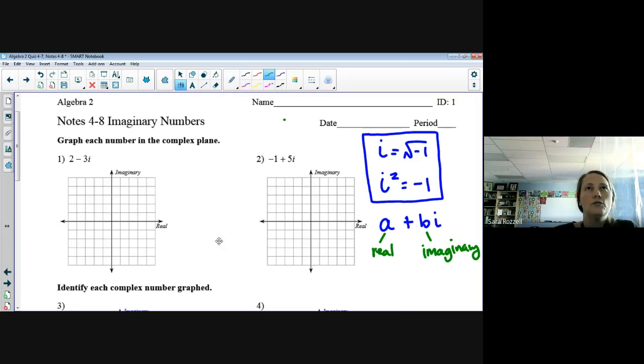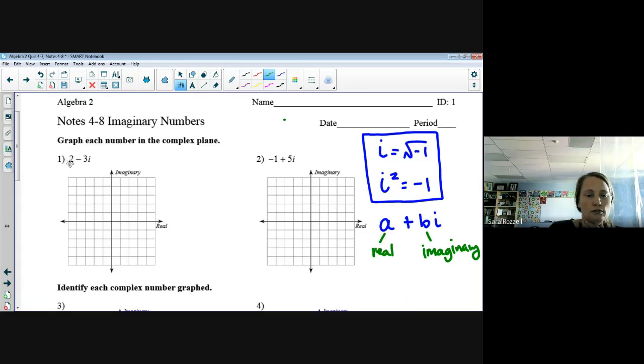All right, so on your complex plane, complex numbers are just ways to say a number that has an imaginary number with it. What we're used to seeing as the x-axis is the real axis. What we're used to seeing as the y is what's called the imaginary axis. So we look at the number they give us, we find the real part and the imaginary part and plot it accordingly. Okay, so I'm just going to do one of these since we really did this the other day.